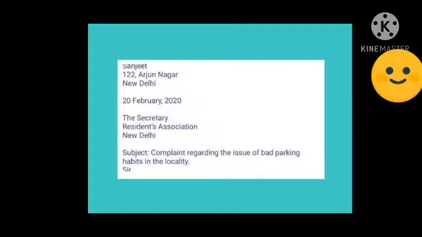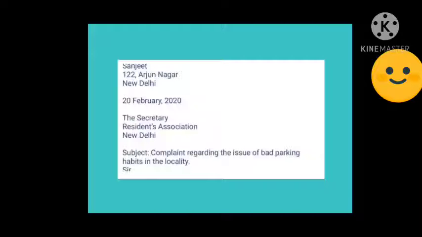But never write the short form of the name of the month: February as FEB, December as DEC, January as JN. Try to write the month name completely, and just place a comma to separate the month and the year. That is the second component and second part of the letter.